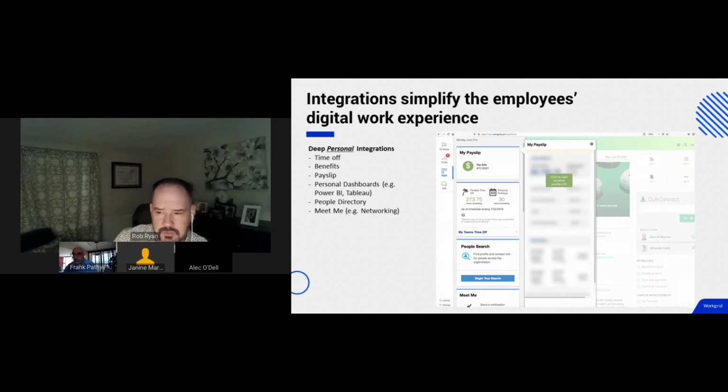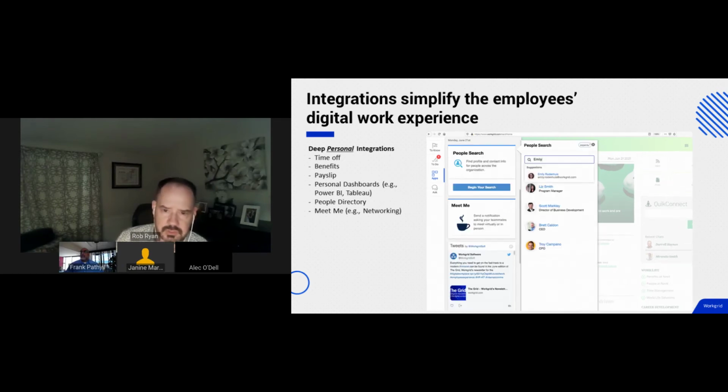But the intimacy goes a bit further as well. You can begin to fold in connections into benefits, PTO. So again, that connection between the workplace and your home life. And you ultimately begin to secure the employee and tie them more intimately to the digital workplace.